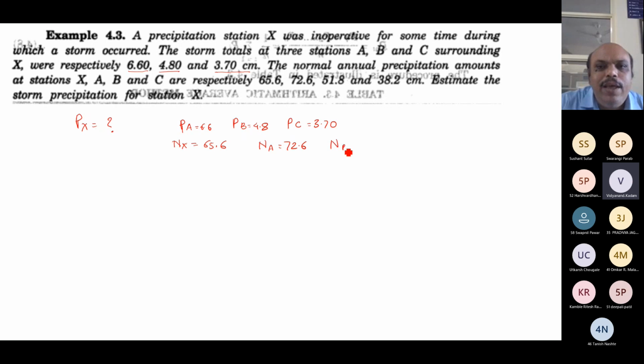At station B it is 51.8. At station C it is 38.2. So these are the normal annual rainfall values. And hence it is asked to estimate the storm precipitation for station X. So this is the required answer.